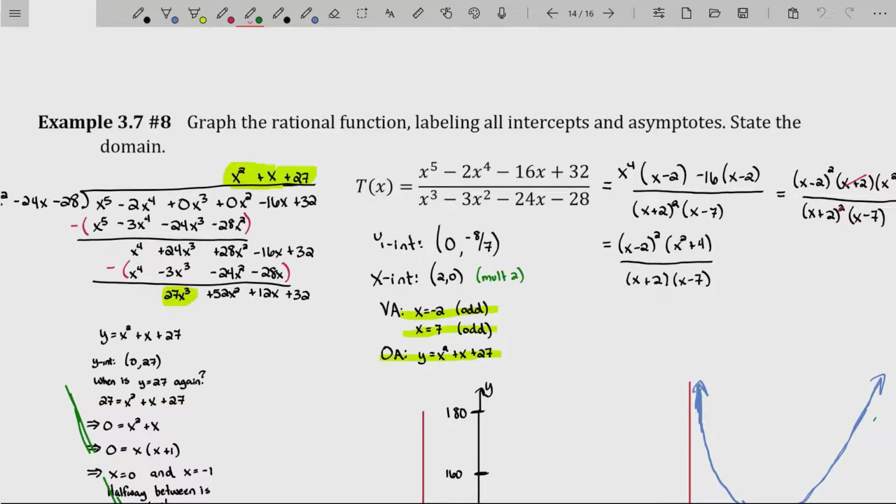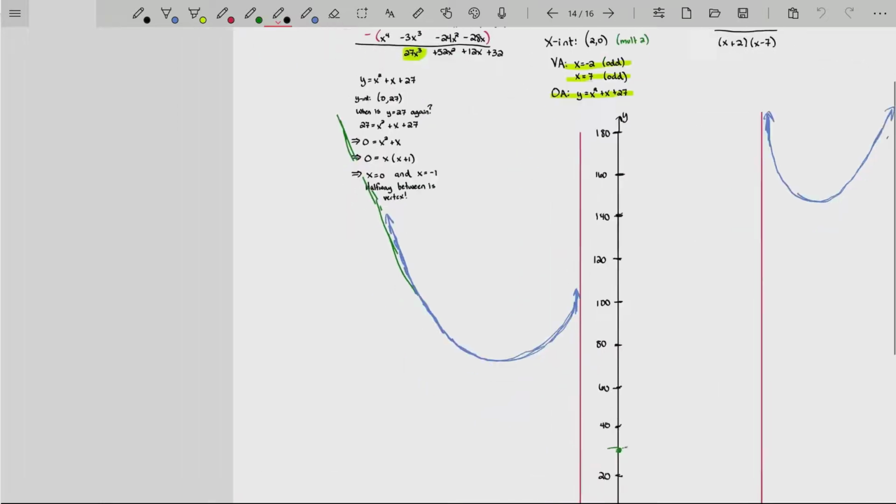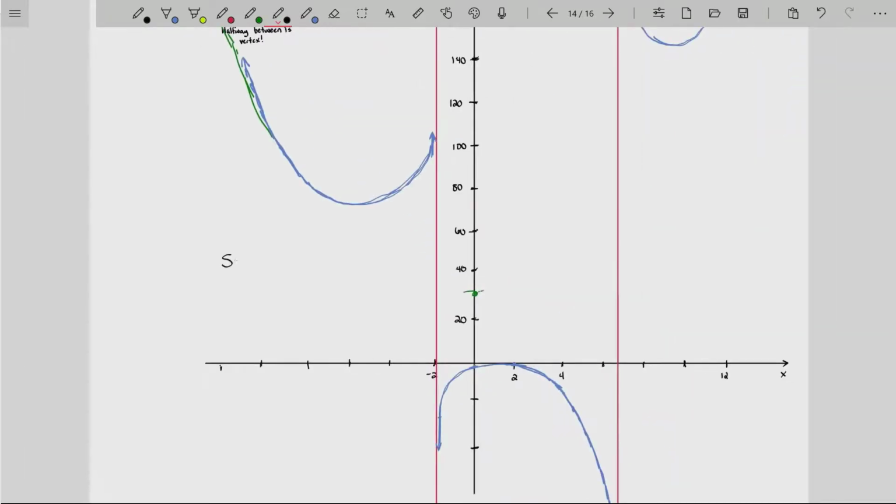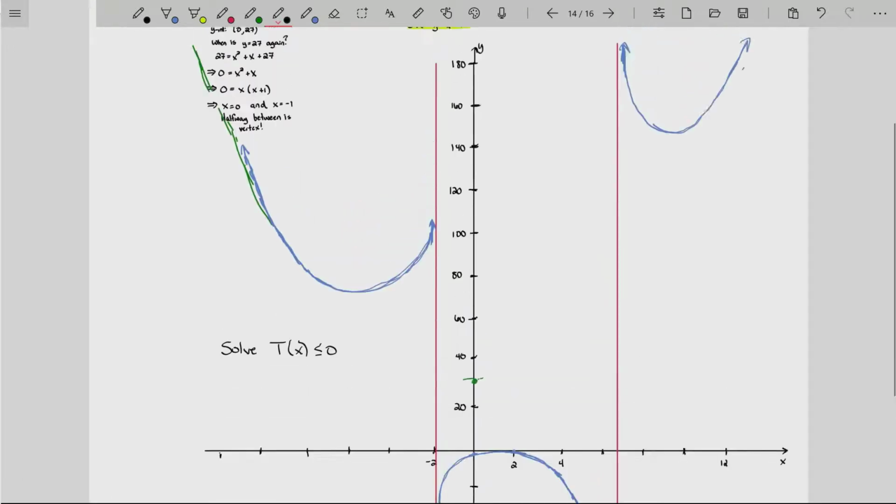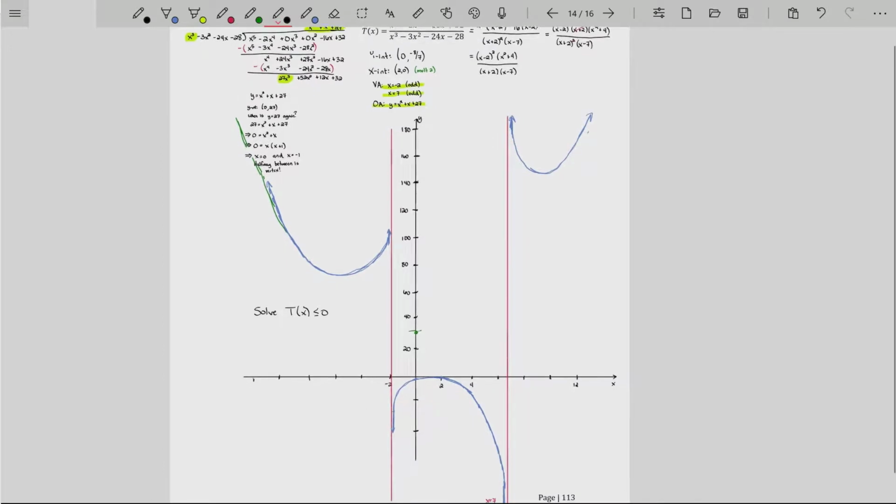For example, in our last lecture, we dealt with this beast of a rational function. And I generally sneak this in as a double whammy, where I have you graph this, and then later on I say something like, oh, hey, I'd like you to solve the inequality, and it's the same exact function, but maybe I want it to be less than or equal to 0. Well, if you've already graphed it, then the solution is staring at you.